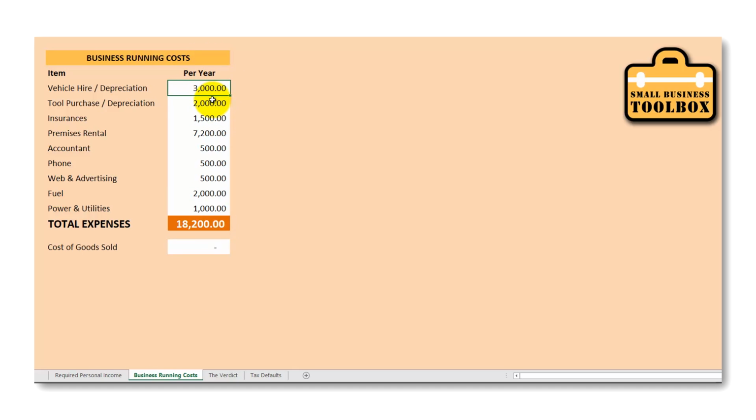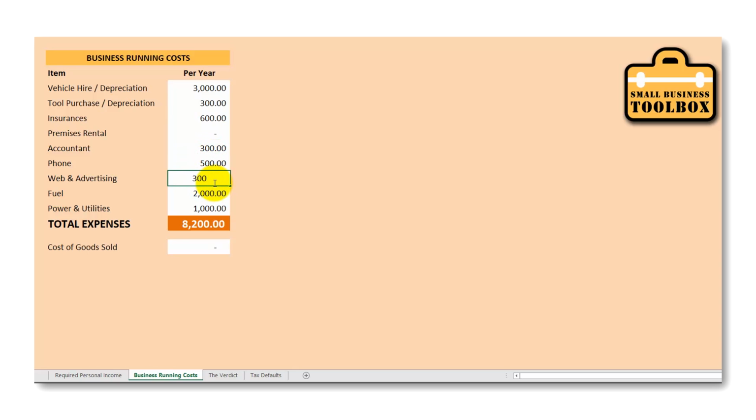You're still going to have a vehicle. Your tools are going to be much lower. Let's say 300 a year on tools. Insurances, hopefully that'll be a lot lower, 600. You'll hopefully have no premises. Let's say 300 on accountancy fees, 500 on phone.